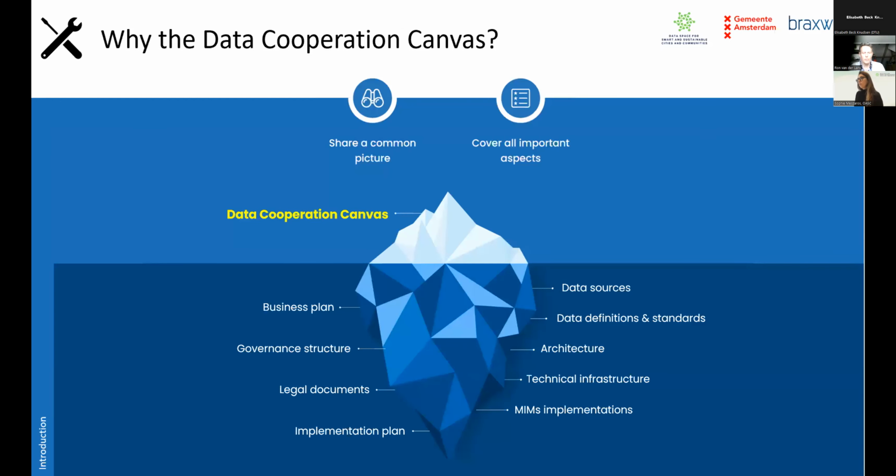And yeah, what can be expected? What is the data cooperation canvas? In fact, if you design a data cooperation, it's creating a real online organization with a lot of technology. It's the tip of the iceberg. When you develop a data cooperation, there will be lots of things involved.